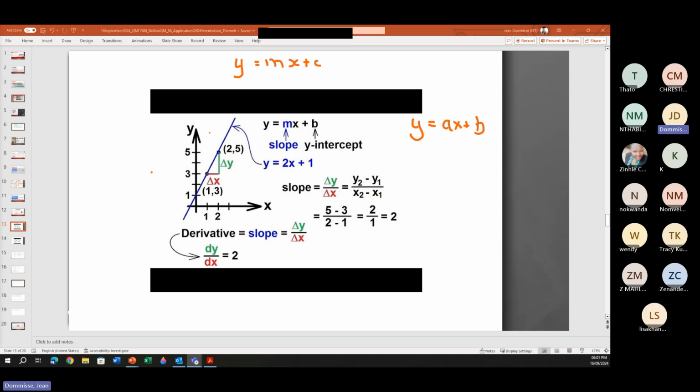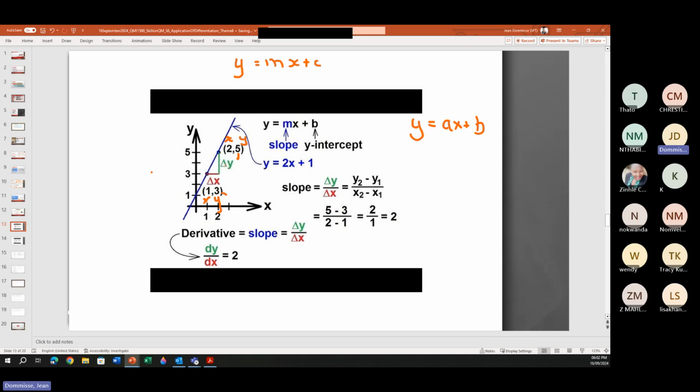So if this was our 2 points, remember that's x and that's y, and that is x and y. So our 2 points will be 5 minus 3, where you can see at the top 5 minus 3, and at the bottom 2 minus 1.